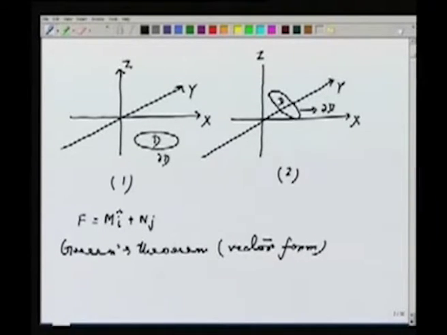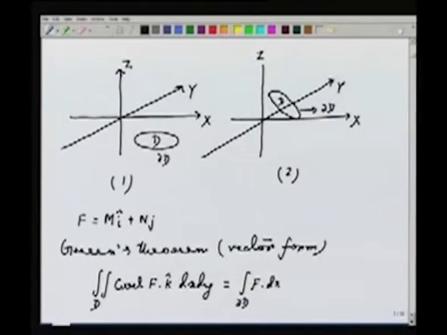So what is the vector form? It is given as the double integral over D of curl F dot k dx dy, where k stands for the unit vector, equals the integral over ∂D of F dot ds.